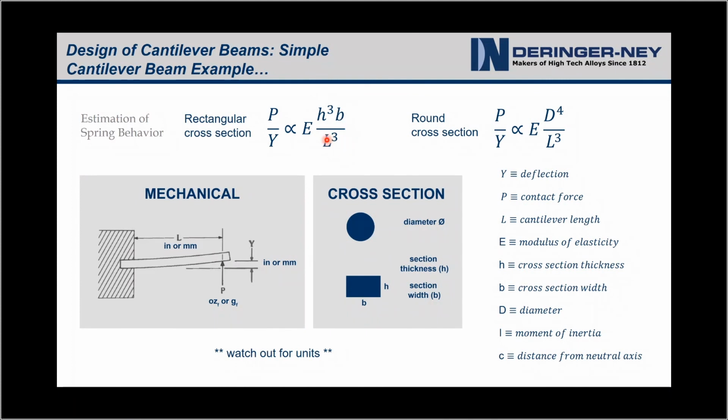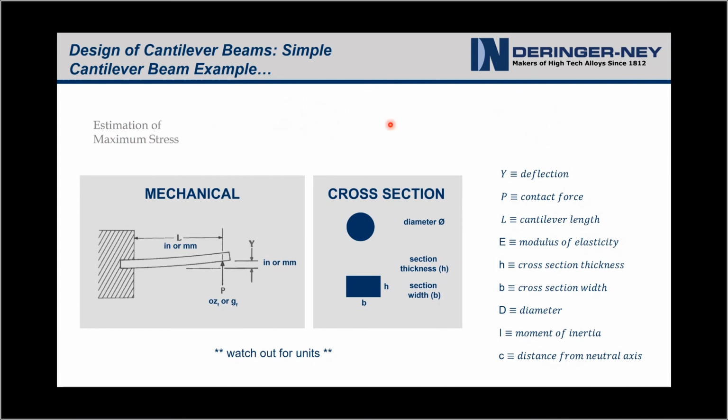And the length of the beam and the thickness of the beam are going to have the strongest influence on the spring rate. And so typically, if we're trying to have a lower spring rate, we try to go to longer designs and thinner materials. And similarly here is the relationship for round cross-section.